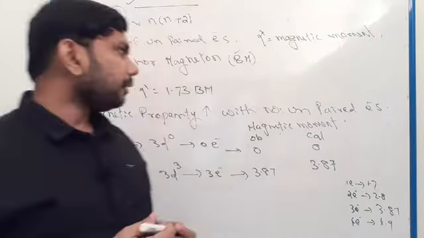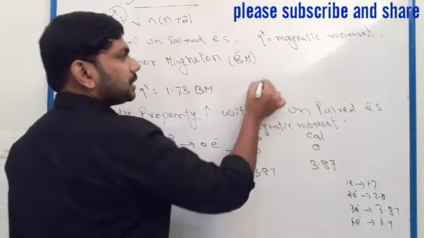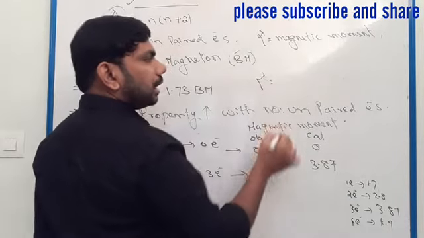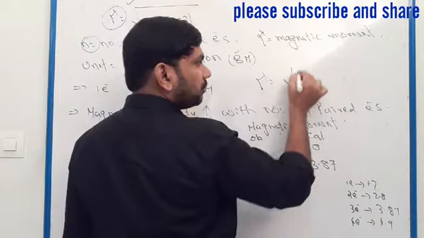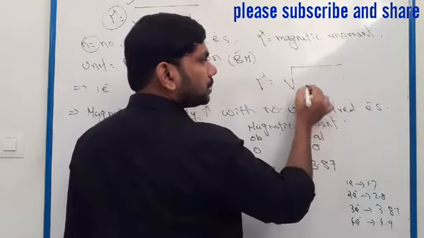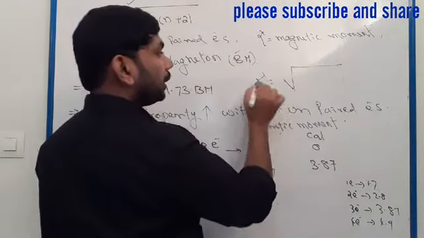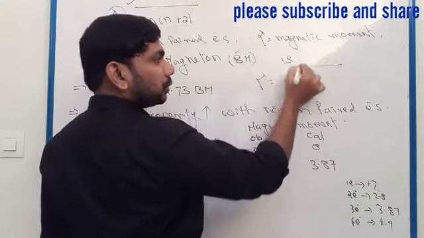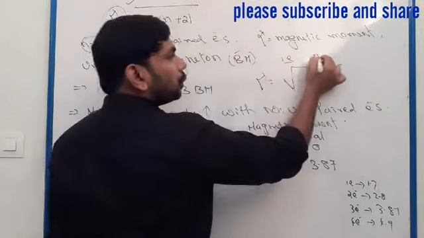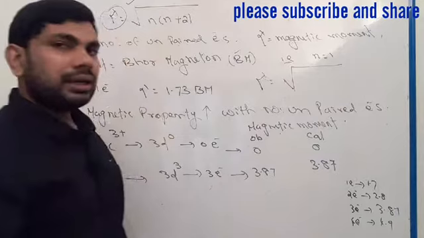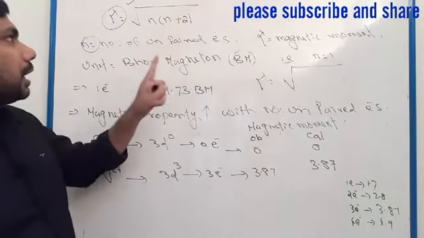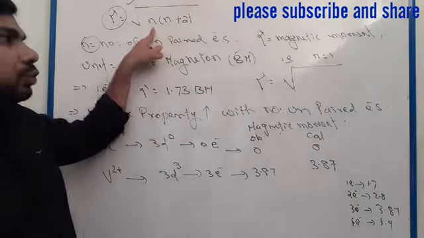Look here, you can use this calculation. For a substance which contains only one unpaired electron, n equal to 1.